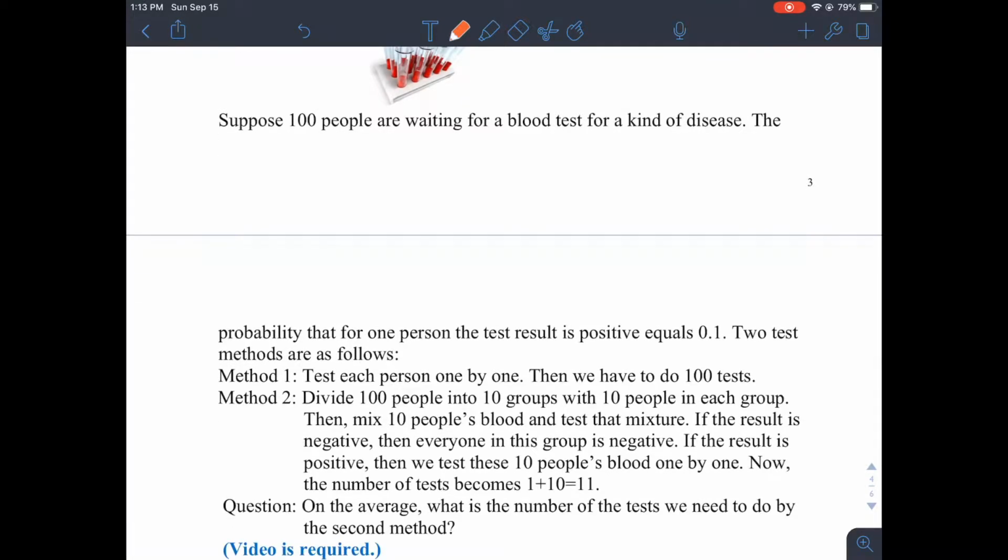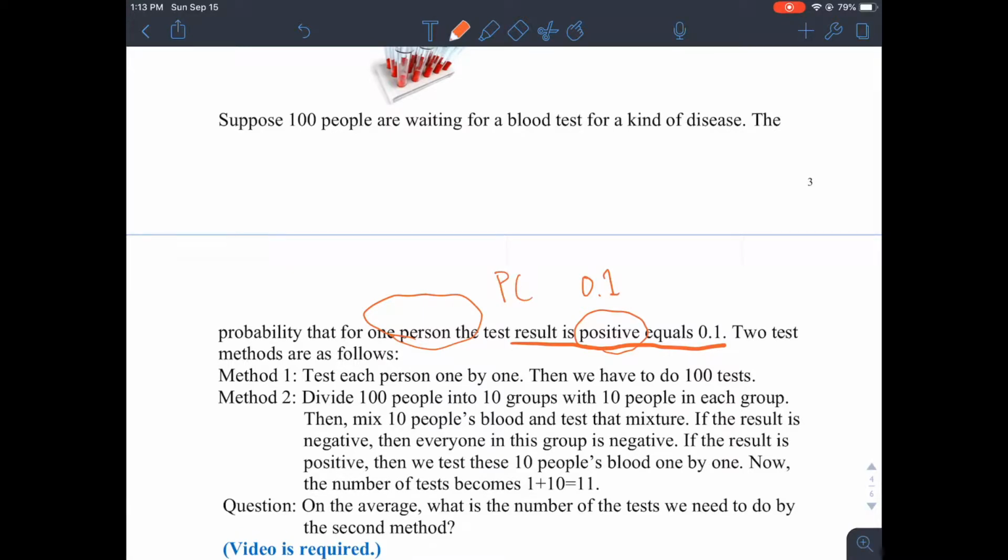The first thing is that the probability for a person to have the disease, the probability of a positive test, is equal to 0.1.